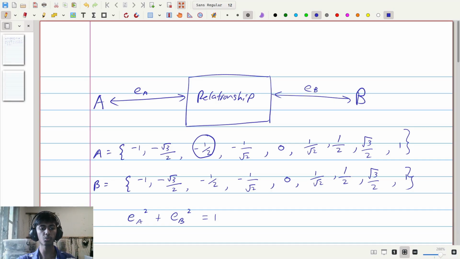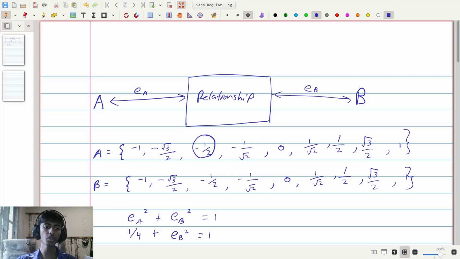-1/2 squared is 1/4. So on this side you would have 1/4 plus some element of B squared equals 1. So now what could this element of B be? Well, we need the element of B squared to be 3 divided by 4 to make this work.